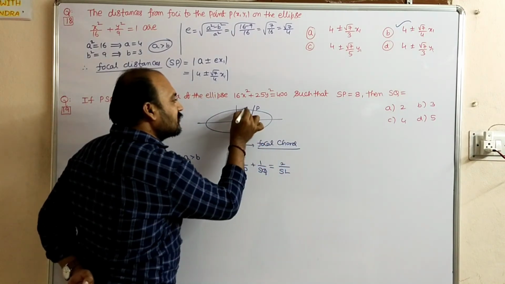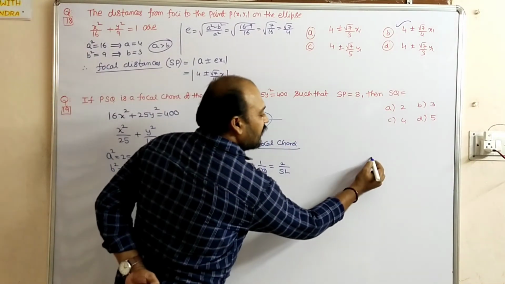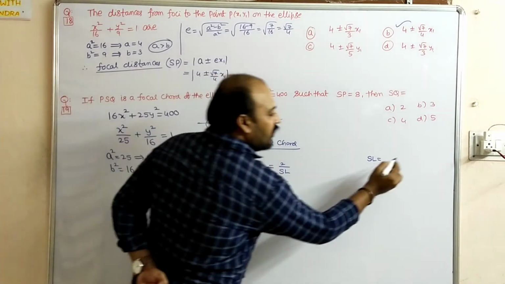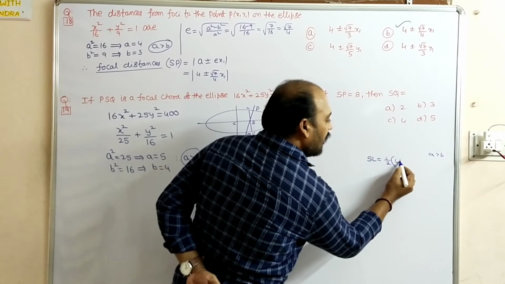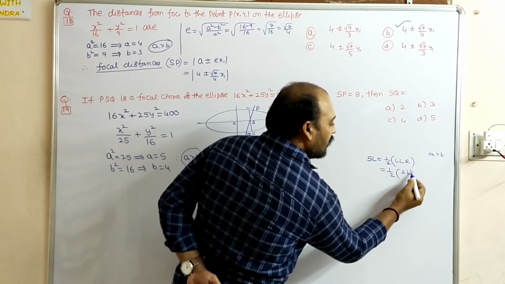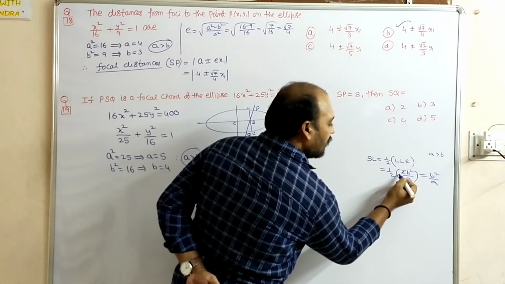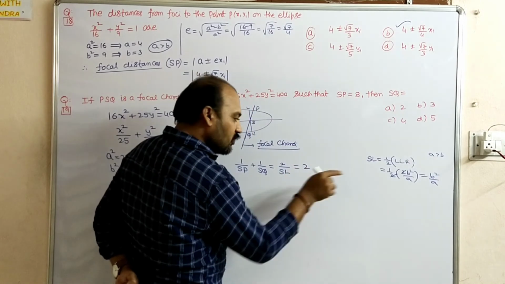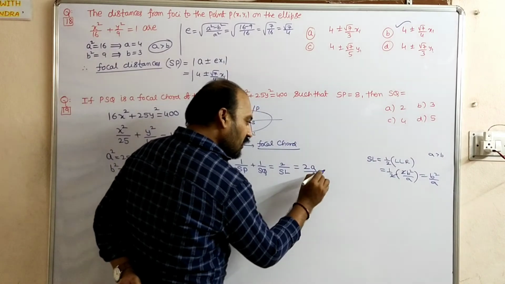SL means semi-latus rectum length, where, when A is greater than B, SL is equal to half of LLR, half of 2B square by A, that is equal to B square by A. So 2 by SL value is 2A by B square: A will be in the numerator and B square in the denominator.